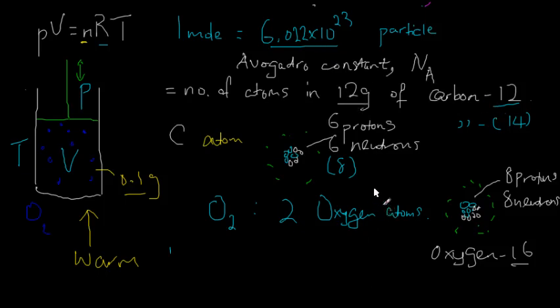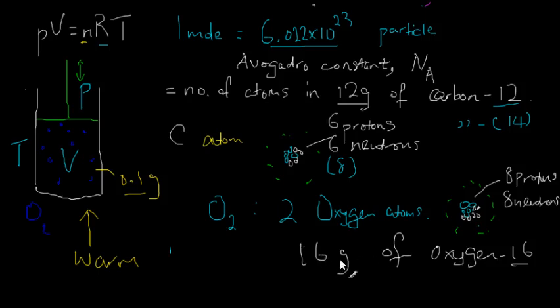I know that I have this number of carbon atoms. So what if I want the same number of oxygen atoms? If I have 16 grams of oxygen 16 atoms, I must therefore have the same number of atoms as there are in 12 grams of carbon 12 atoms.